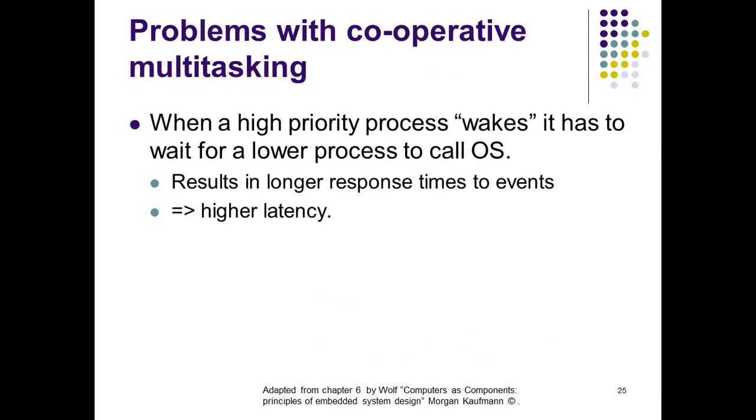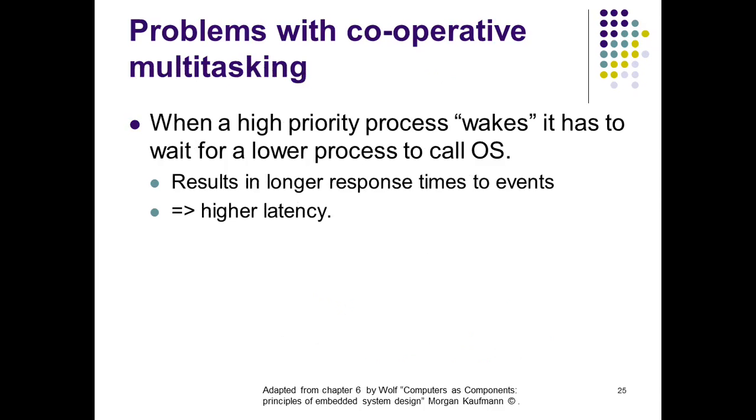Now, another problem with cooperative multitasking which I wanted to highlight is a potential long latency or poor response to high priority events. Okay, so how does this occur? Imagine you've got some low priority process running, and in cooperative multitasking, it has the CPU.